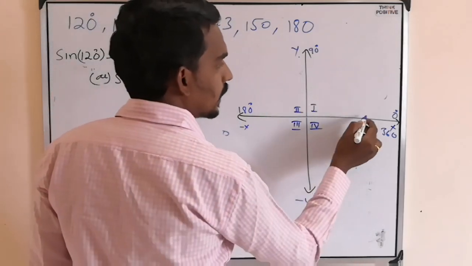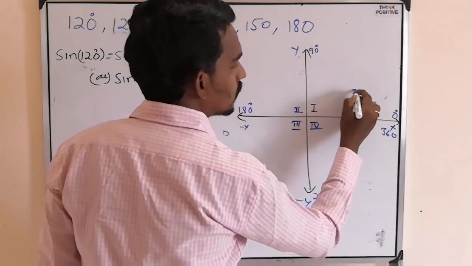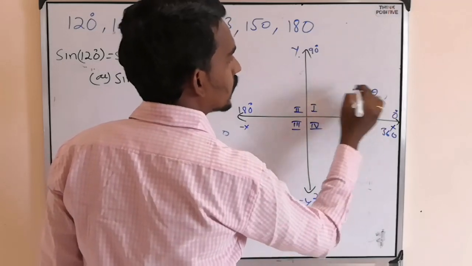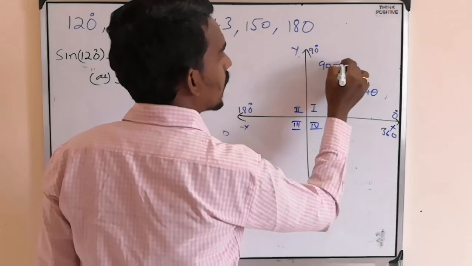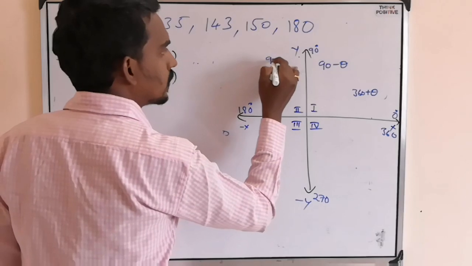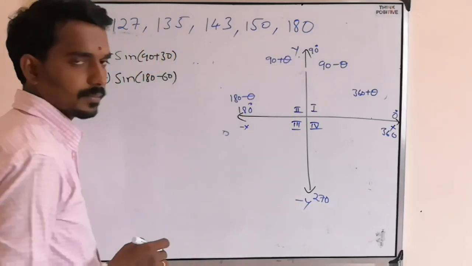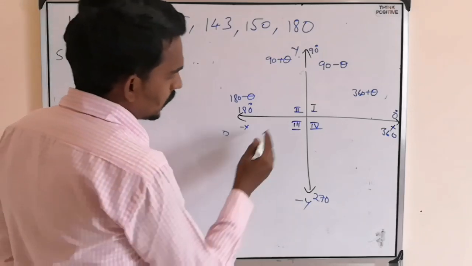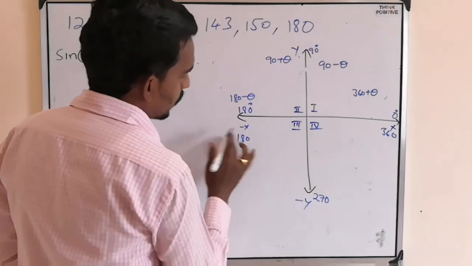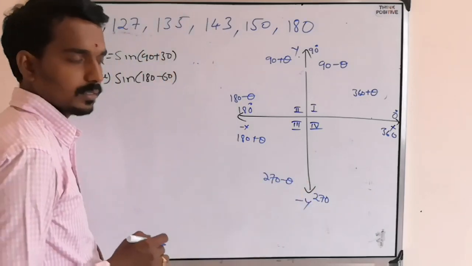Region 1 means greater than 0 or 360, that means 360 plus theta, or less than 90, 90 minus theta. Second region means 90 plus or 180 minus. Third region is 180 plus or 270 minus.